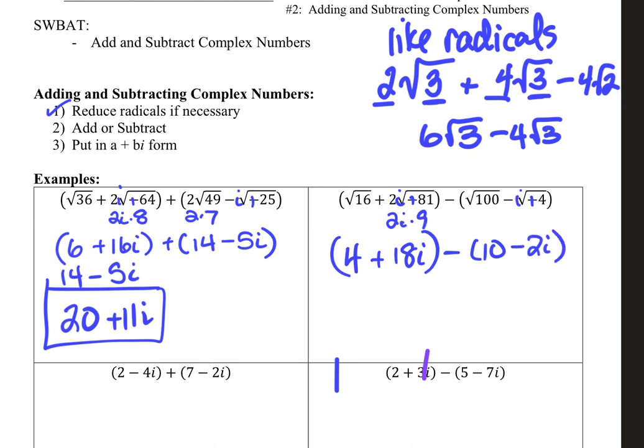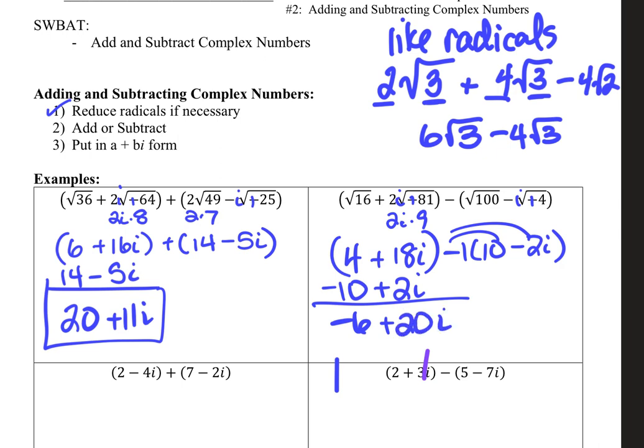Now, since we're subtracting, it's 4 plus 18i minus this, so all of these signs get changed. So it's negative 10 plus 2i, and then we just add normally. So 4 plus negative 10 is negative 6, and then 18 plus 2 is 20i.